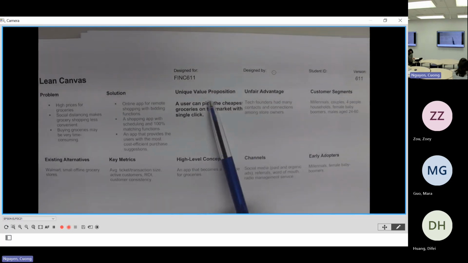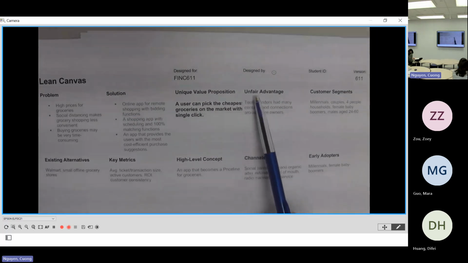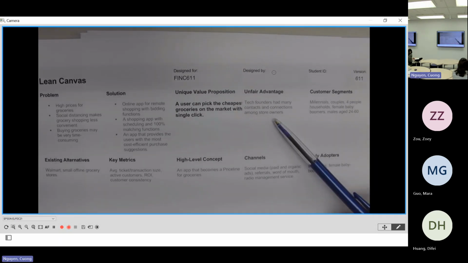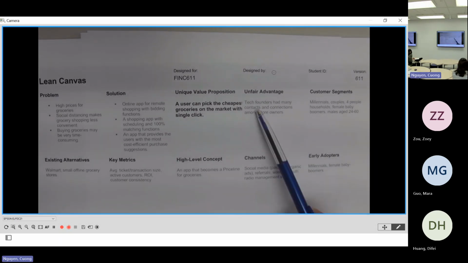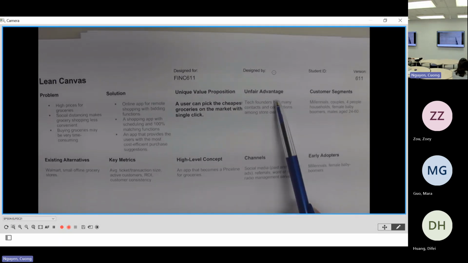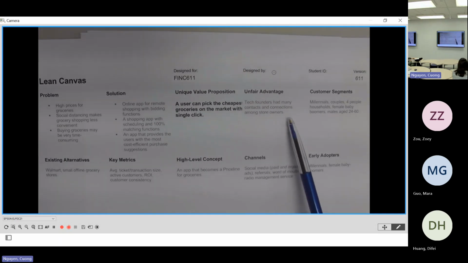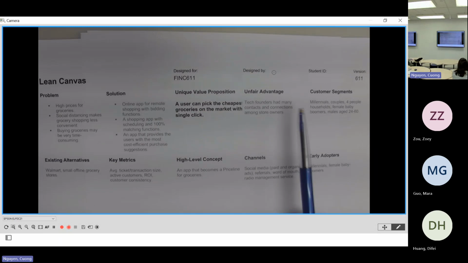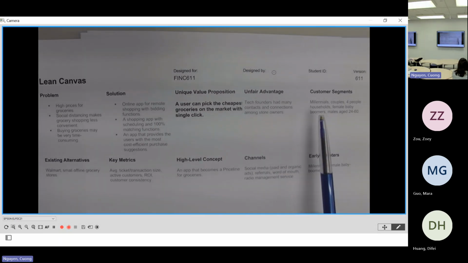Now, when we mention this, we need to pick out the unfair advantage. For example, this app is quite new, so they have only tech founders who have many contracts and connections among store owners. What it means is that they can expand the users of their product easily, because they have contacts and connections among store owners.